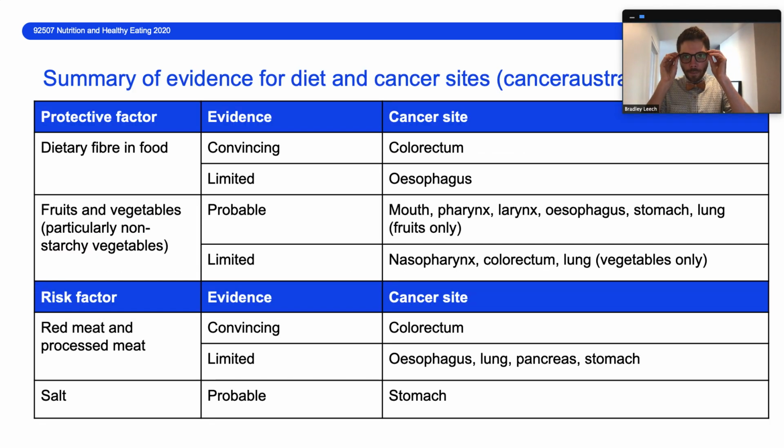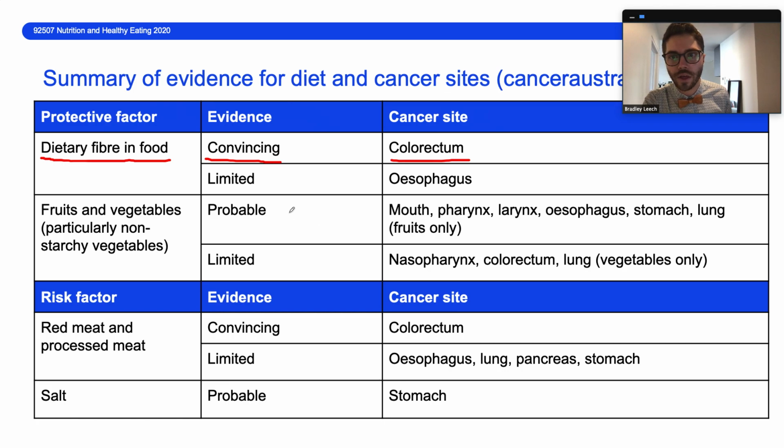So this is from canceraustralia.gov.au, looking at the evidence for protective factors and risk factors for different types of cancers. Dietary fiber as a protective factor for colorectal cancer, that is, your small and large intestines. There is convincing evidence that dietary fiber is protective for colon cancers.